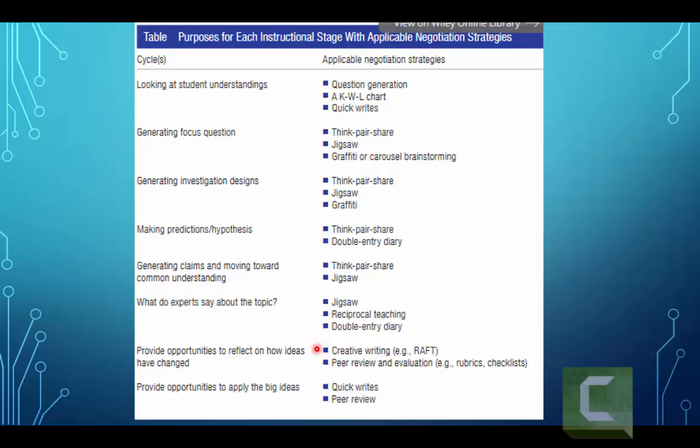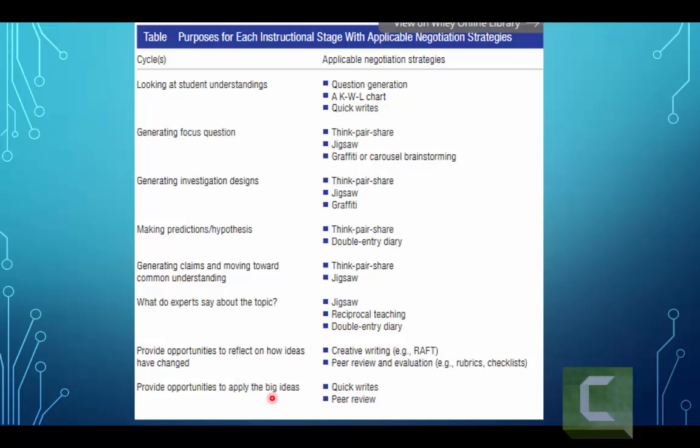Is this going to be a journal entry, a letter, a speech, a play? And then T represents the topic and the purpose. So what topic are they going to be presenting, and are they going to be trying to just do a persuasive speech or informative essay? How is that going to look?